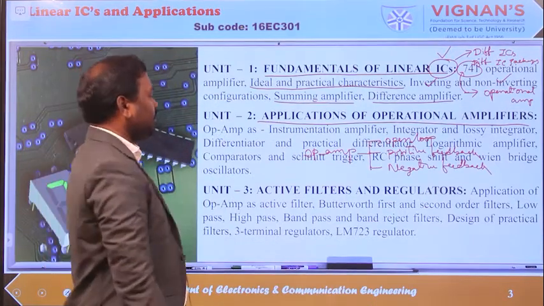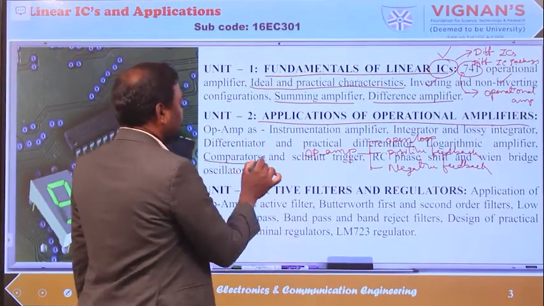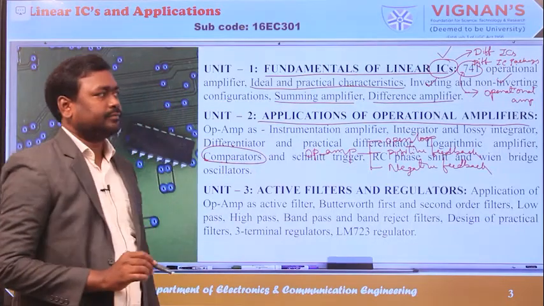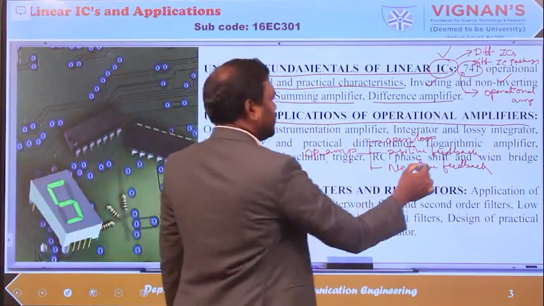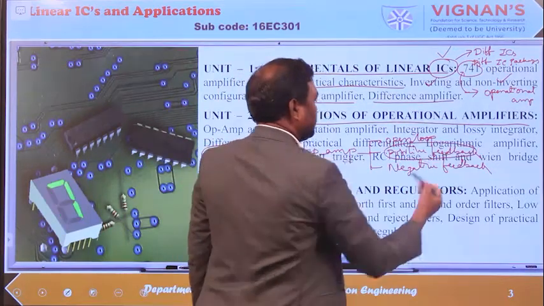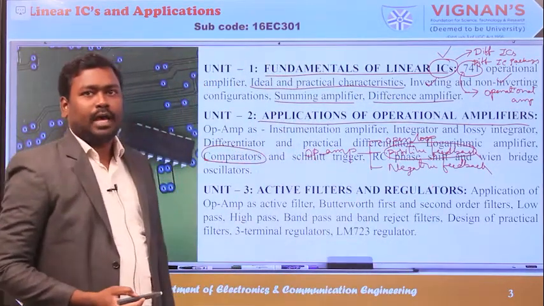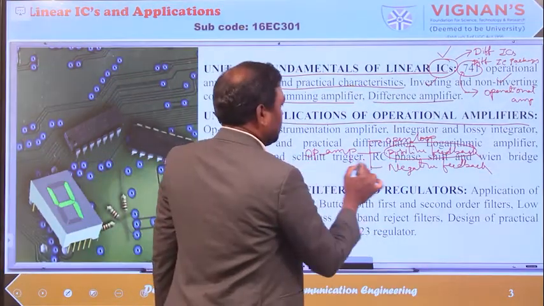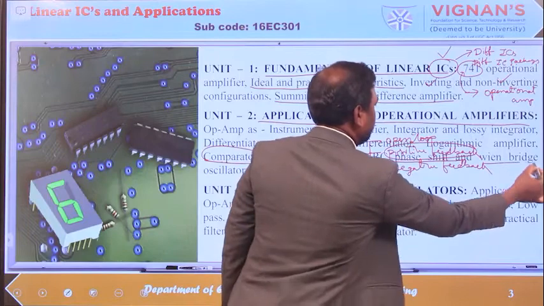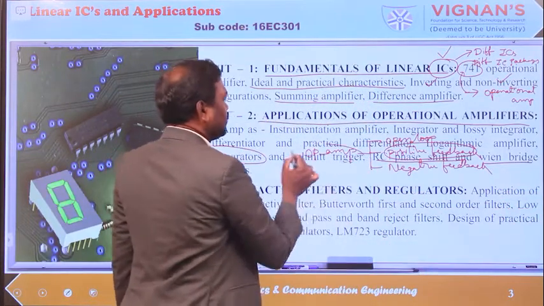In the open loop configuration, op-amp acts as a comparator. It compares the inputs. In the positive feedback configuration, op-amp acts as an oscillator. So those are RC phase shift oscillator, Wien bridge oscillator and Schmitt-Trigger.